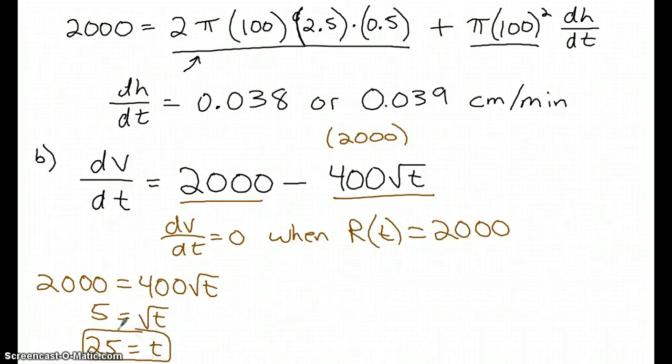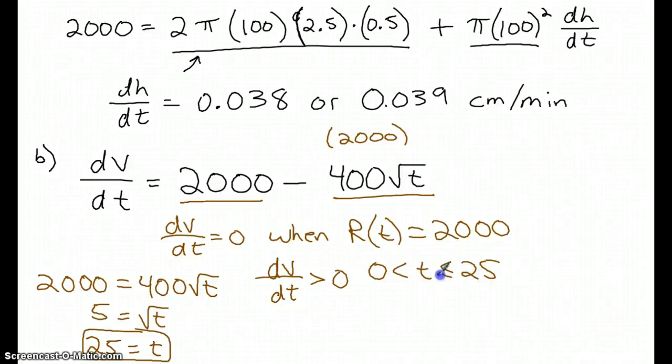Well, we know that when the oil started leaking, it kept getting bigger. So we know that the volume is greater than 0 between when it started and up until we found this maximum at 25 minutes.